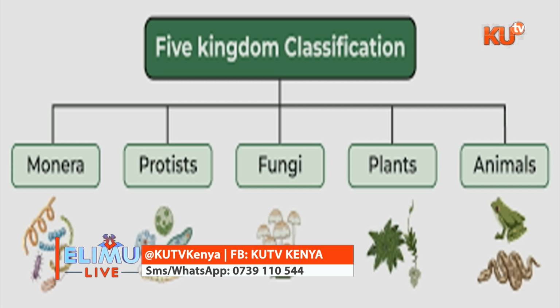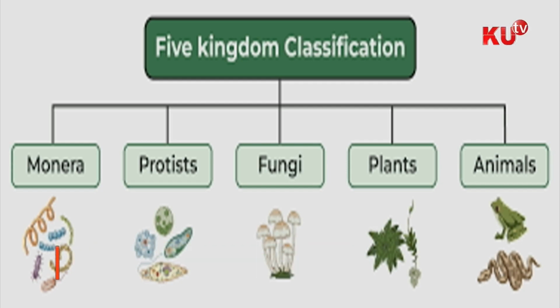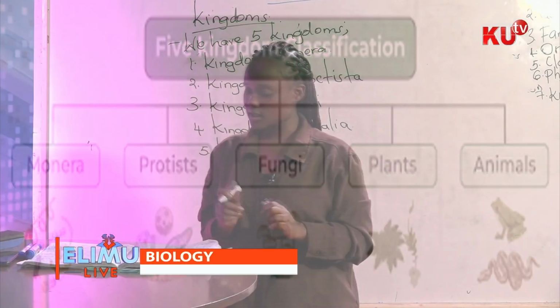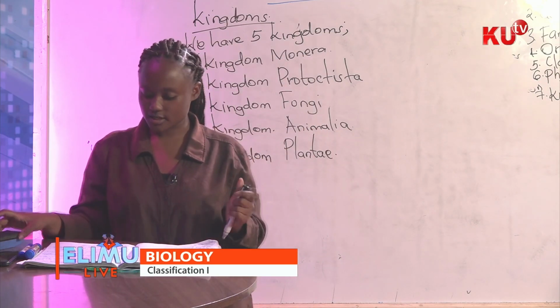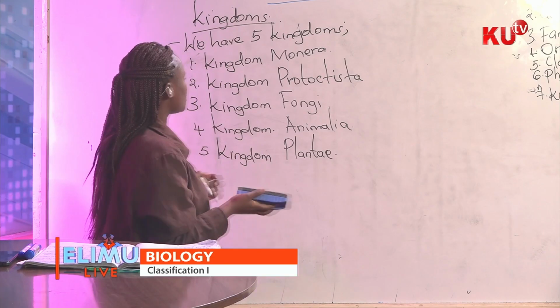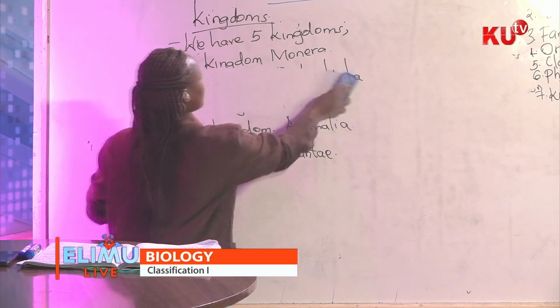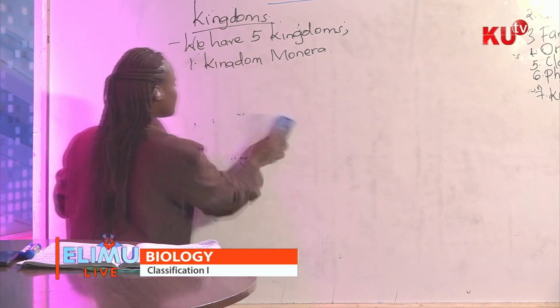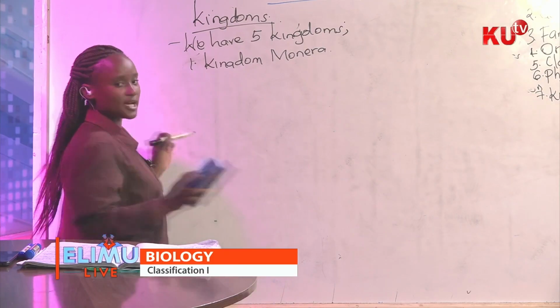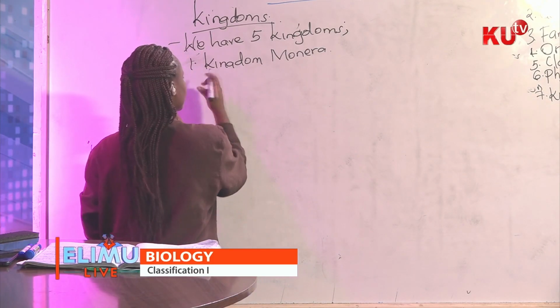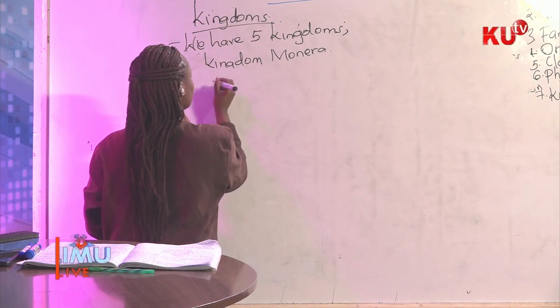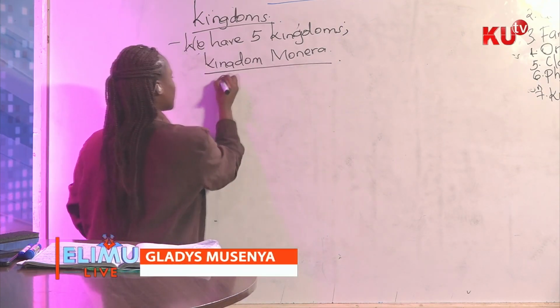So we also have the characteristics. Now we are going to the characteristics of the kingdoms. We start with the characteristics of kingdom Monera.